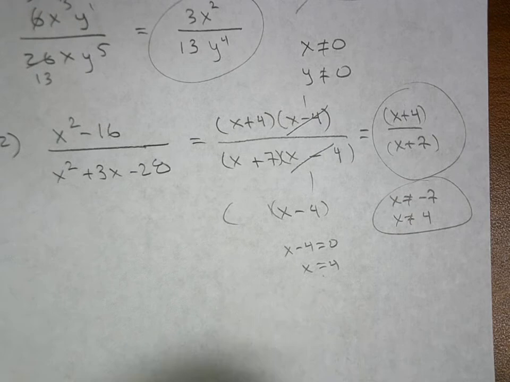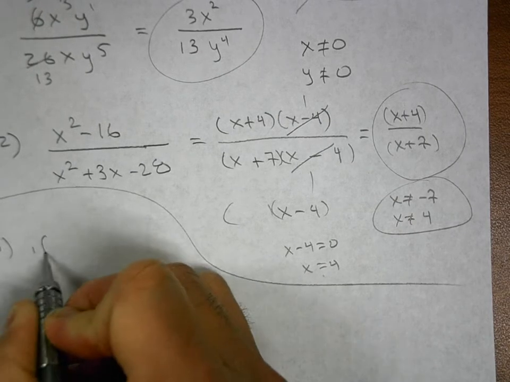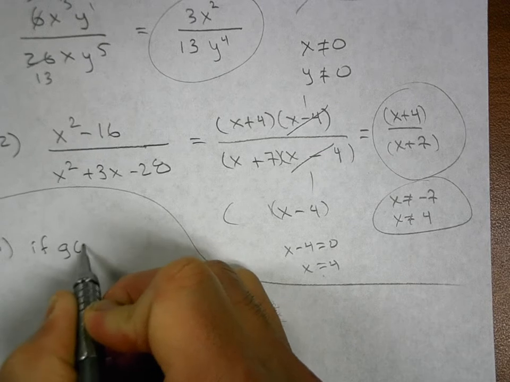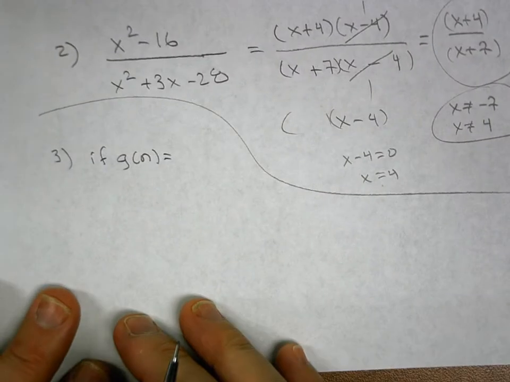Okay, let's look at another one here. Number 3. If g of n, and some of your homework problems are written like this, so I just want to make sure you're not confused.